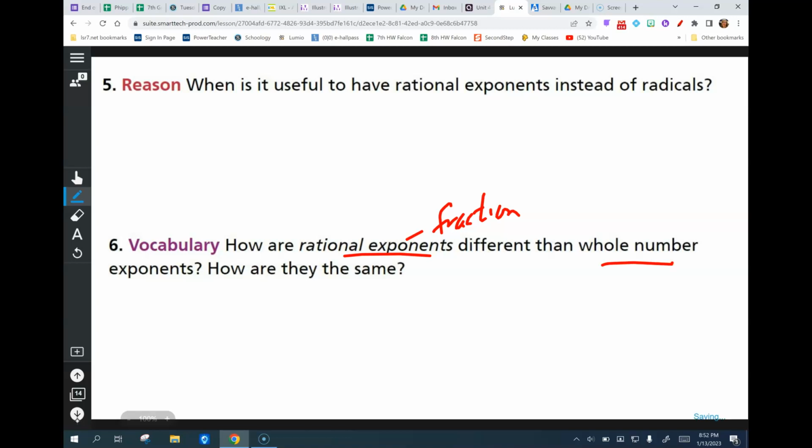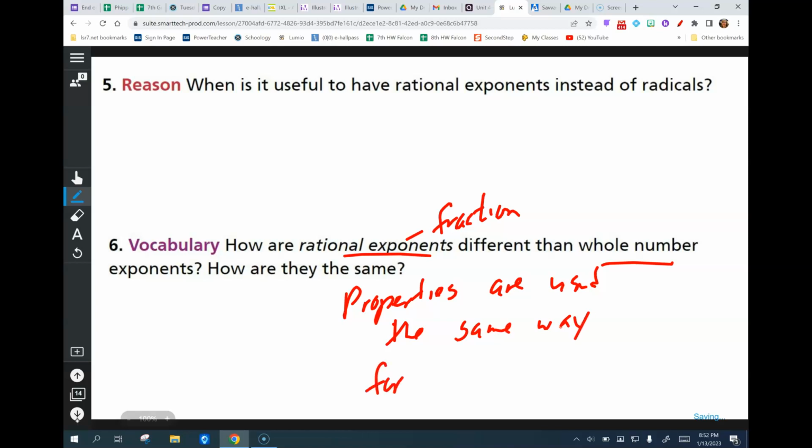The properties are used the same way for rational exponents and whole numbers. Okay, moving on.